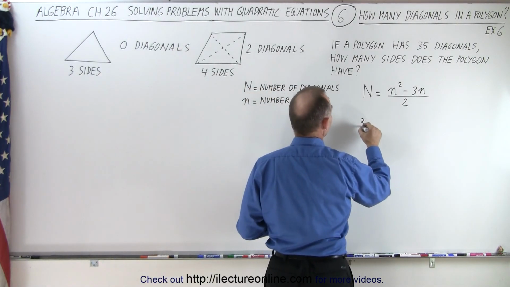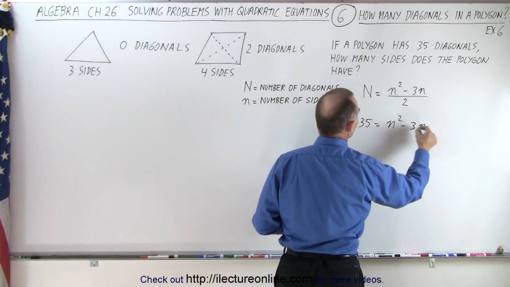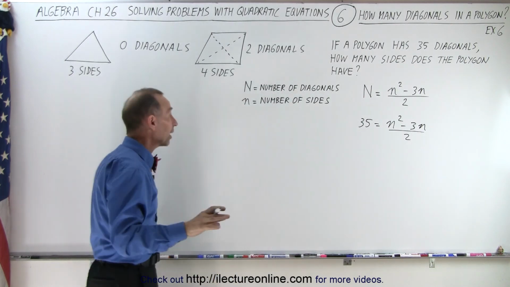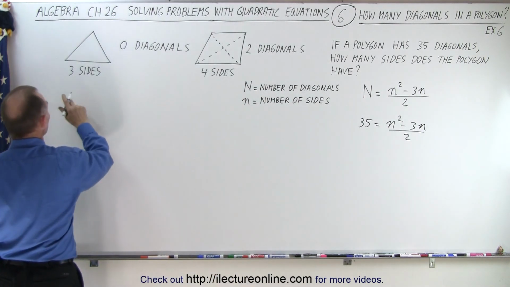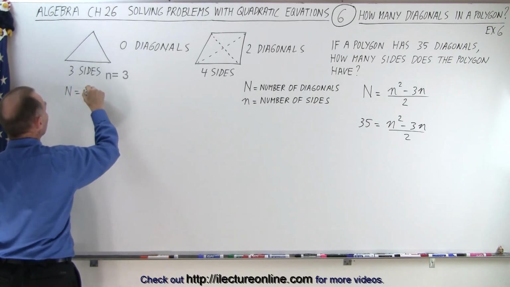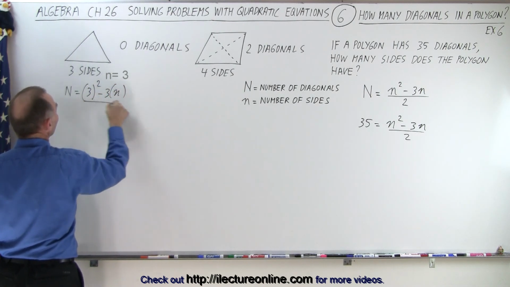So we have 35 diagonals, which is equal to n squared minus 3n over 2, and we're going to solve that equation for n. To show you how that works, let's try over here, where capital N is the number of diagonals. With three sides, N would be equal to 3 squared minus 3 times 3, divided by 2.